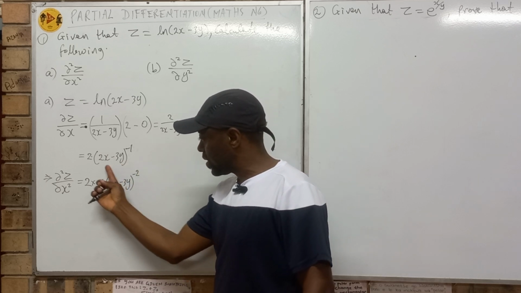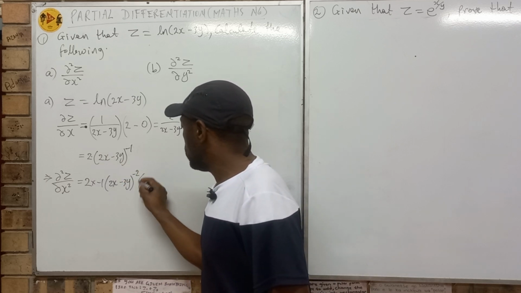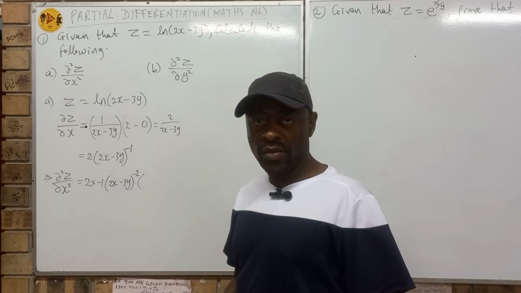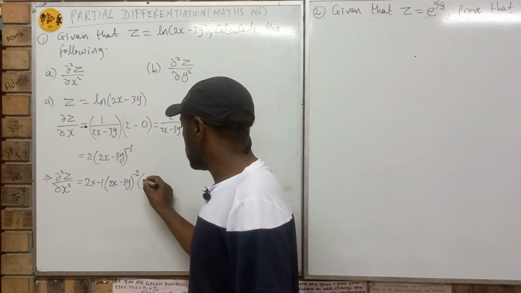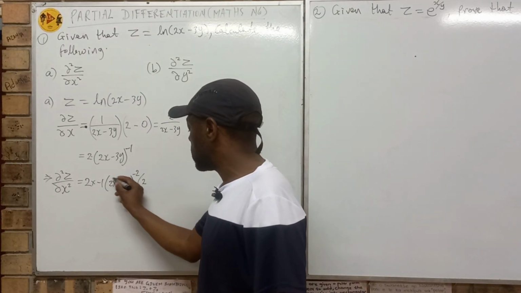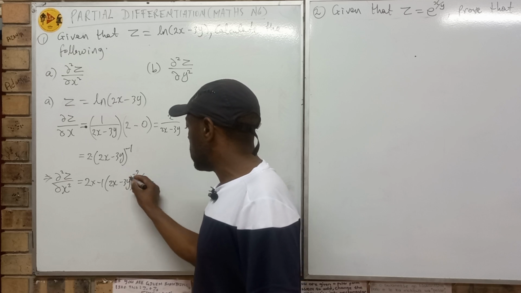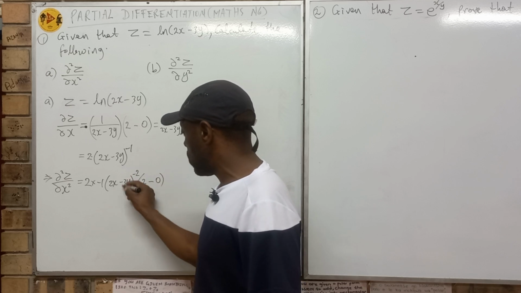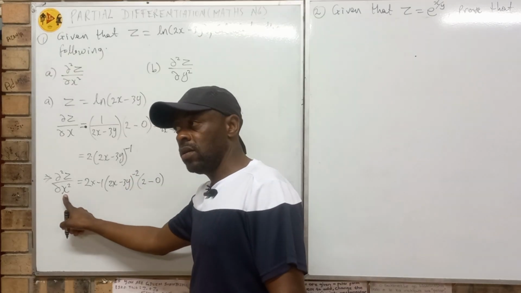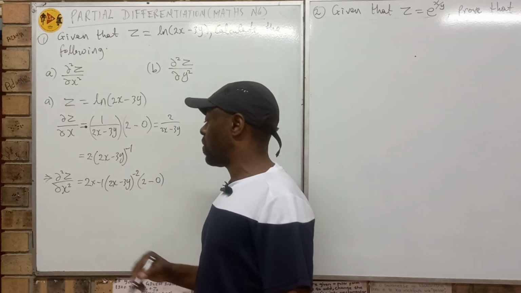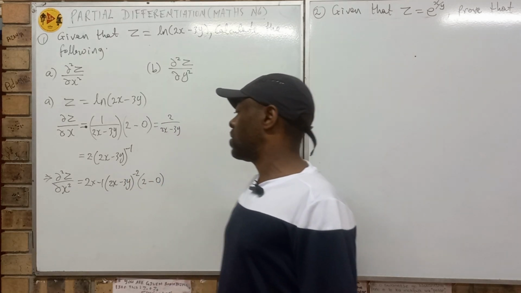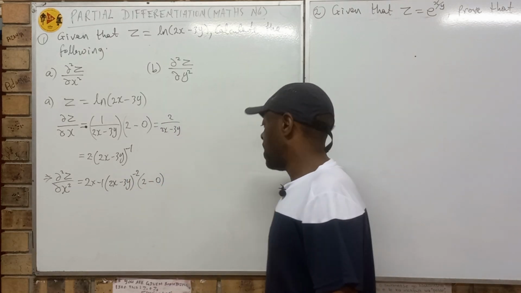Then I go inside the core function and look for x and differentiate. So if I'm differentiating, it means I'll get 2 from differentiating 2x. If I differentiate the other one, it must give me a 0 because there is no x. So don't make a mistake to say it will give you a 3. We are differentiating x, not y.